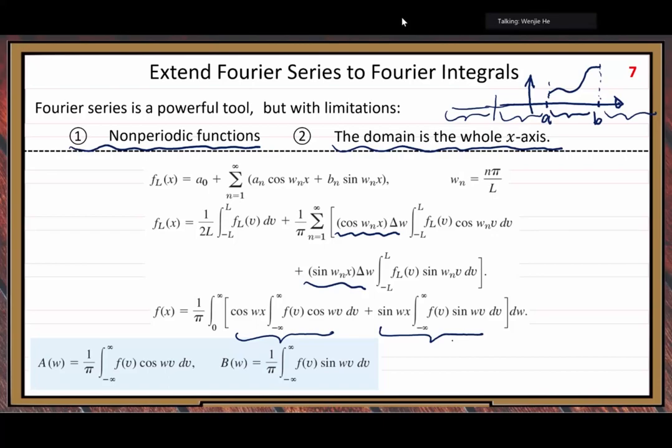When we calculate capital A and capital B, you can see we do not require the little f function to be periodic.